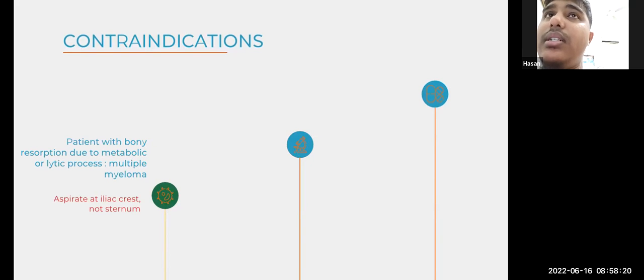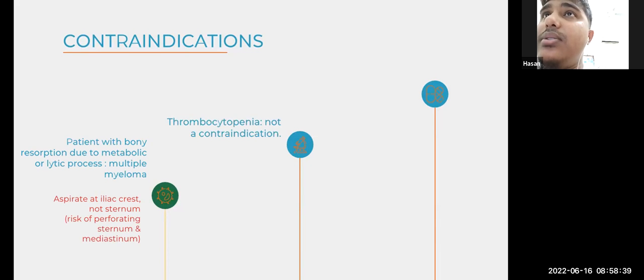For example, if the patient has bony resorption due to a metabolic or lytic process, such as in multiple myeloma, we should avoid the sternum and take from the iliac crest. Sometimes some believe that thrombocytopenia can be a contraindication.